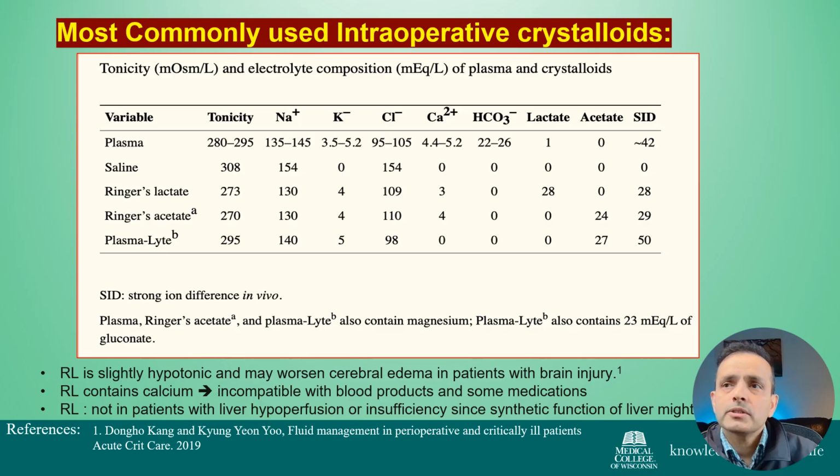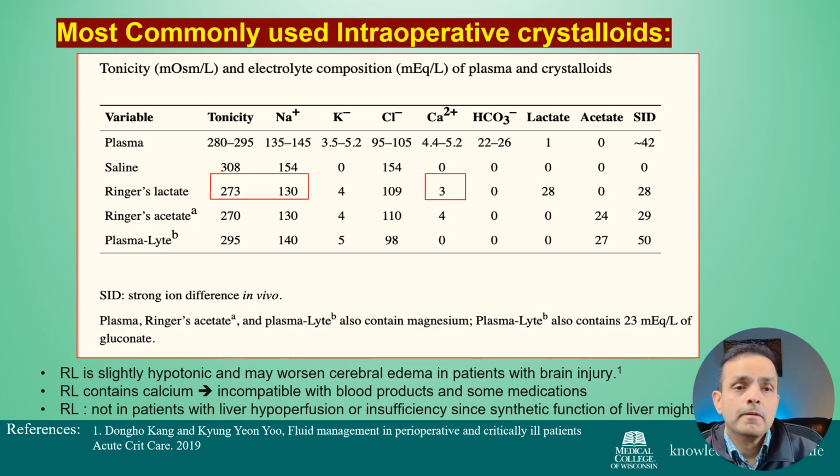Talking about the most commonly used intraoperative crystalloid, as you can see here, ringer lactate. It is hypotonic. It has less sodium, like 130. So it tends to worsen cerebral edema in people with brain injury. It also contains calcium. Remember, ringer lactate is not something we'd like to give in somebody with terminal liver disease where there is impairment of synthetic function.